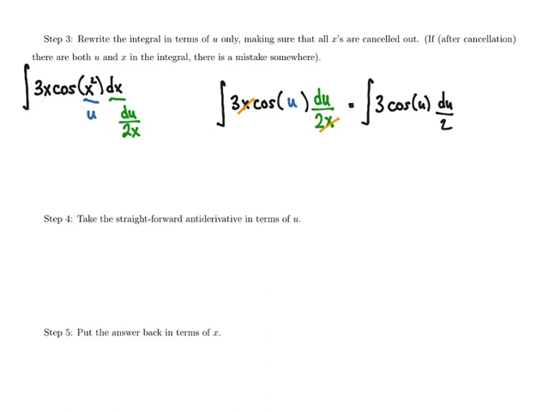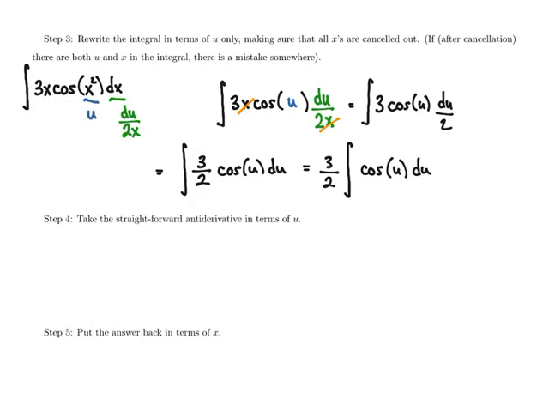Then I can simplify this integral a little bit. I have a constant of a 3 in the numerator and a 2 in the denominator. So I can bring out a 3 halves constant times the integral of cosine of u du. Or again, I can write that as 3 halves on the outside of the integral of cosine of u du.